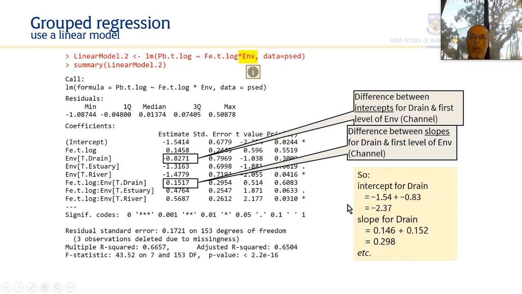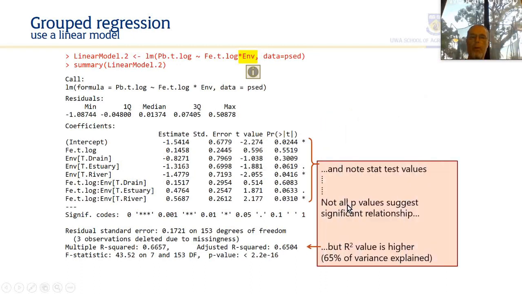And again, we've also got some statistics related to each coefficient, if you like, and not all of them are suggesting a significant relationship, but we do have a higher R-squared value. So we've got a more complex model, but it explains more of the variance in this case log transformed lead by using log transformed iron as a predictor separated by different environments.